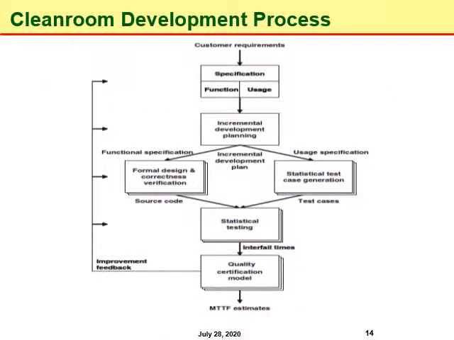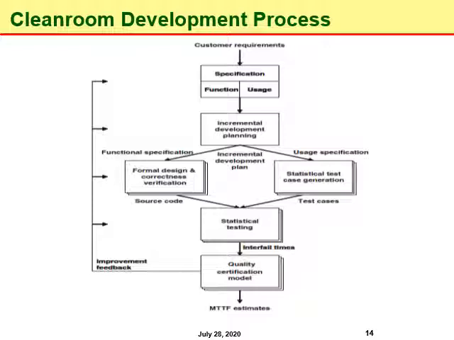The cleanroom development process is depicted in this figure. It has two cooperating teams, that is the development team and the specification team. Initially, both teams together analyze and clarify the customer requirements. If requirements are unclear, the teams can develop prototypes to elicit the feedback iteratively.